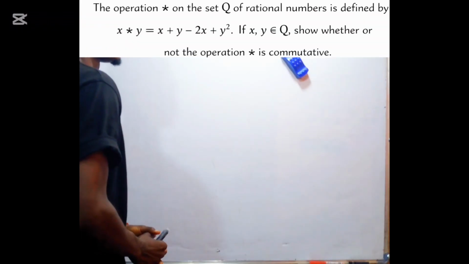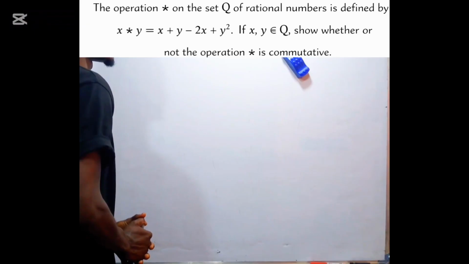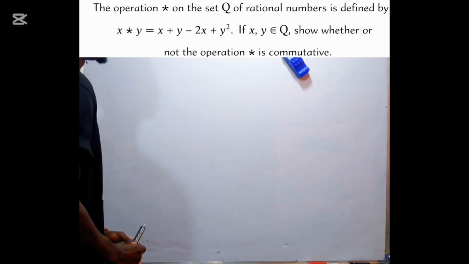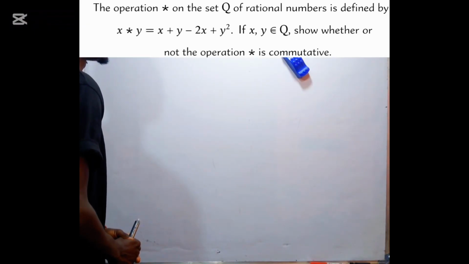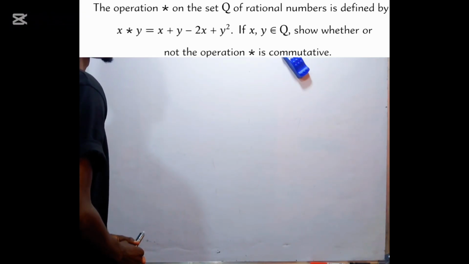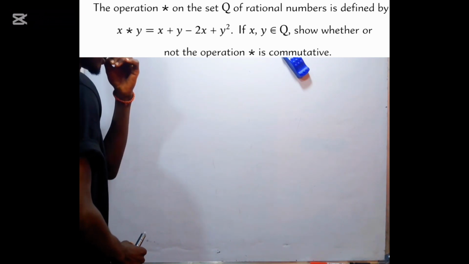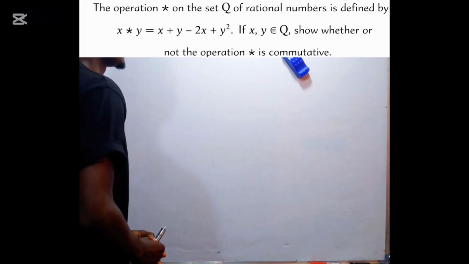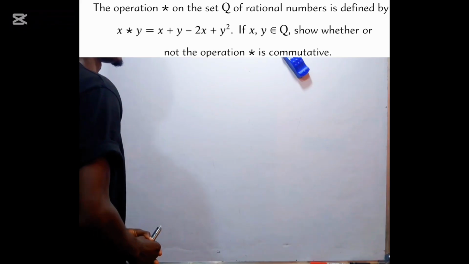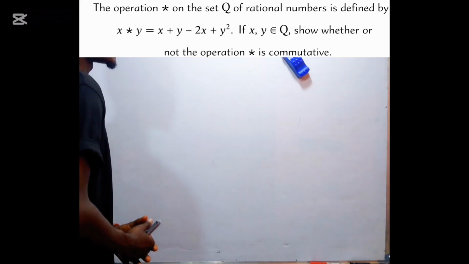Alright. For the last question, we'll be looking at, under the commutative property, the operation asterisk on the set Q of rational numbers defined by x asterisk y equals x plus y minus 2x plus y squared. If x, y is an element of Q, show whether or not the operation asterisk is commutative.